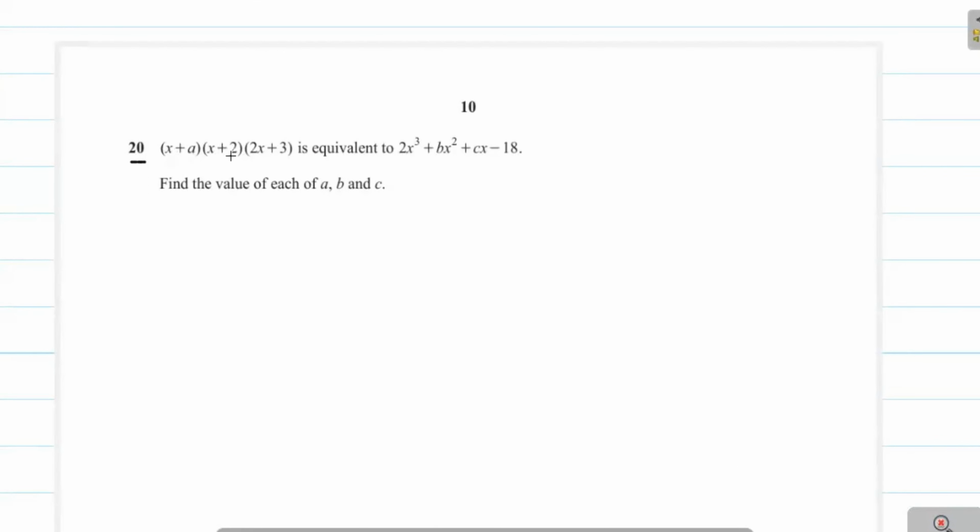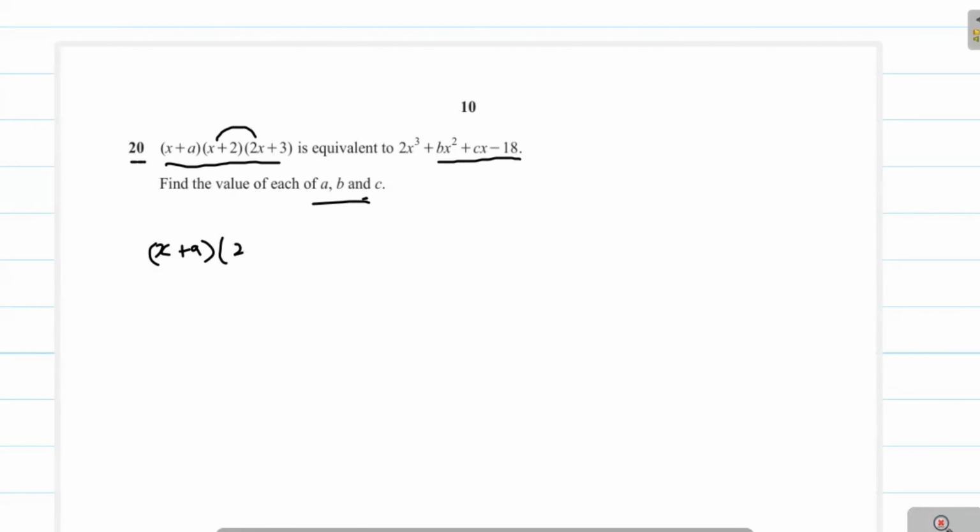Question 20. x plus a into x plus 2 into 2x plus 3 is equivalent to 2x cubed plus bx squared plus cx minus 18. Find the values of a, b, and c. Now, firstly, we simplify this expression. We multiply x plus 2 into 2x plus 3.